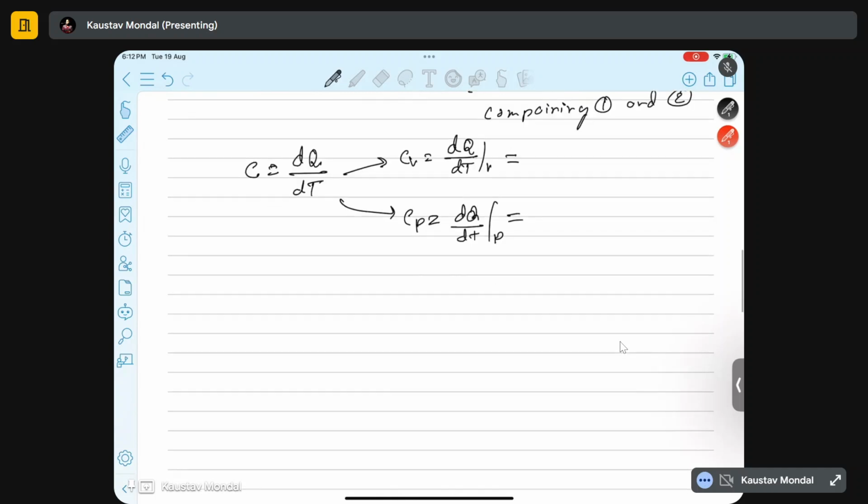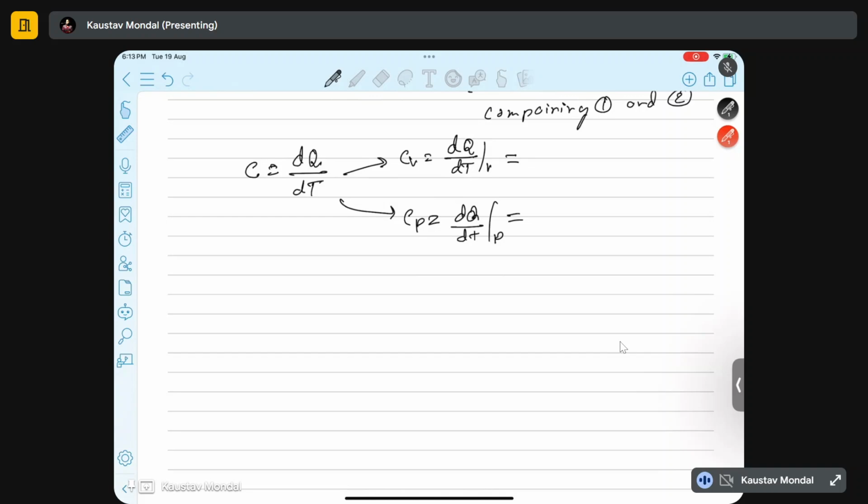If you want to increase the temperature of a system by dT, and the amount of heat required is dq, then specific heat is basically dq by dT. You have to calculate it by taking either volume as constant or pressure as constant.